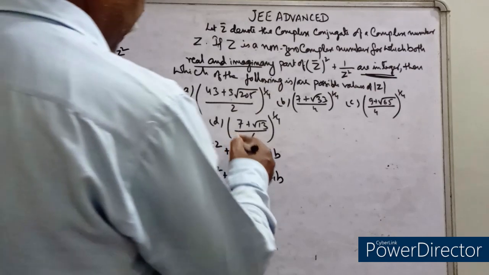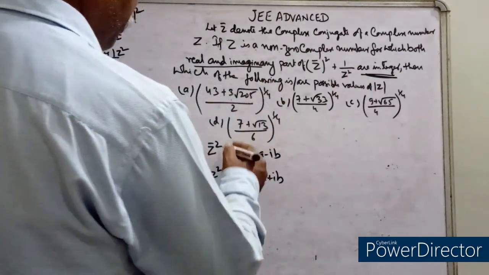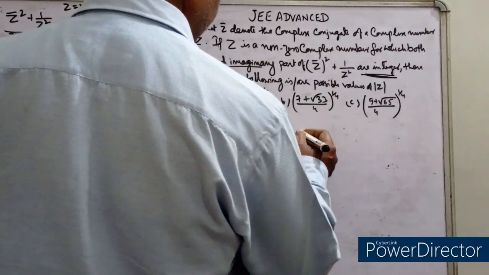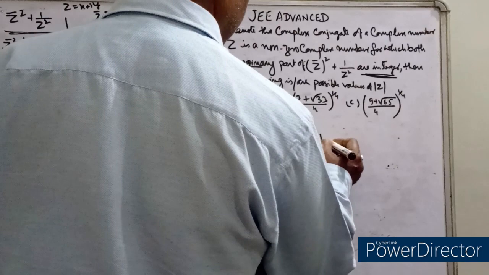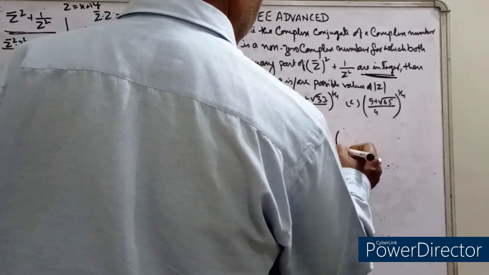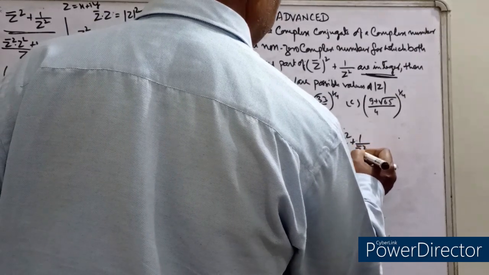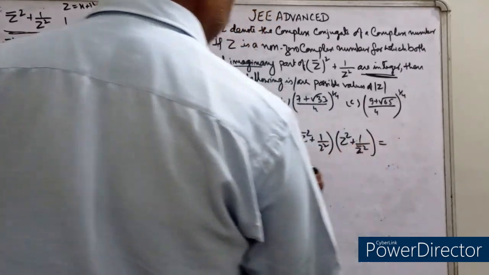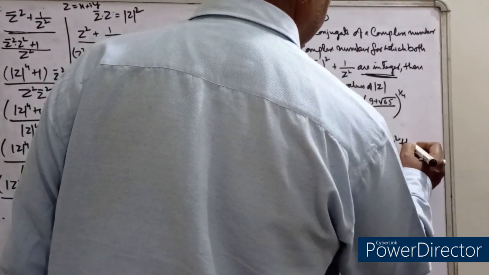Now I have to multiply this. So when I multiply this, what do we get? z bar square plus 1 by z square into z square plus 1 by z bar square is equal to a plus ib into a minus ib, that will be a square plus b square.